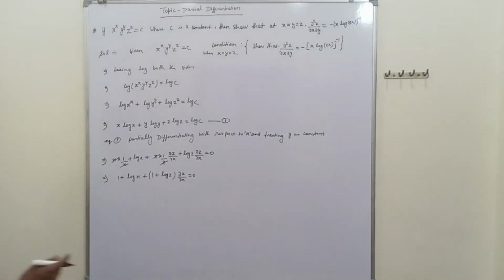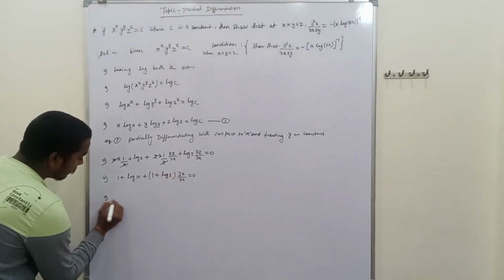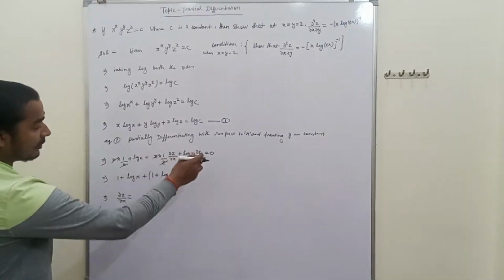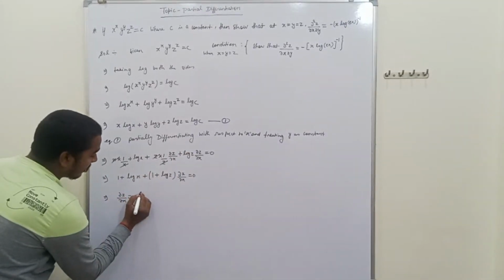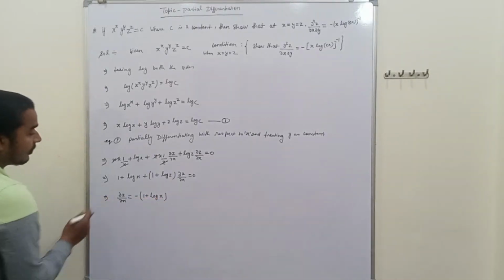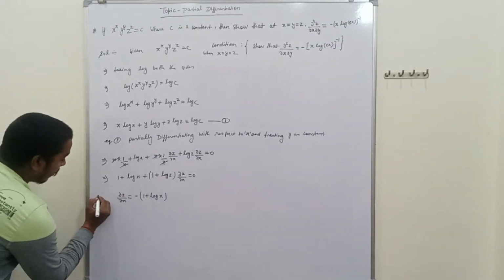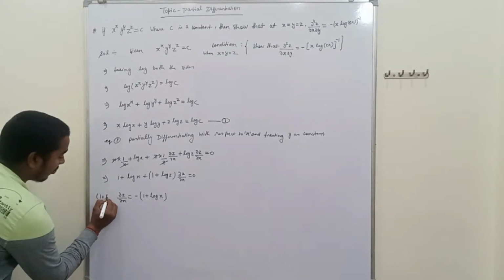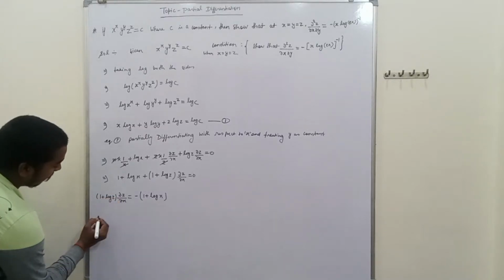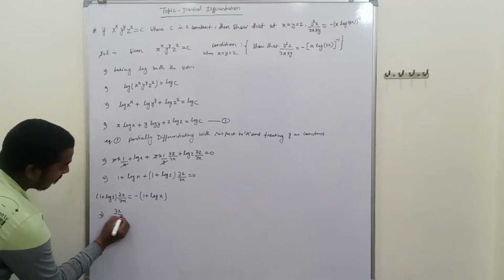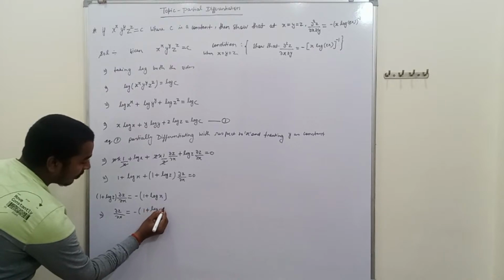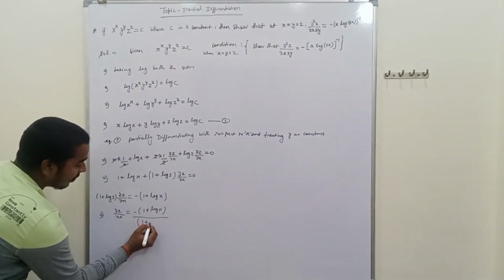And from here we have to find the value of del z upon del x, that is: 1 plus log z into del z by del x is equal to minus of 1 plus log x, taking 1 plus log x to the right hand side. Further, del z upon del x is equal to minus of (1 plus log x) upon (1 plus log z).